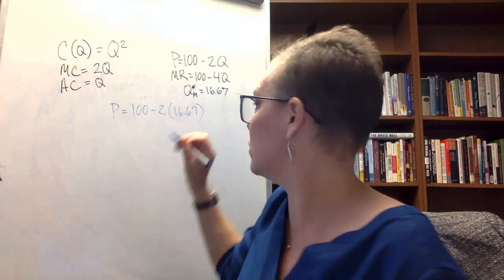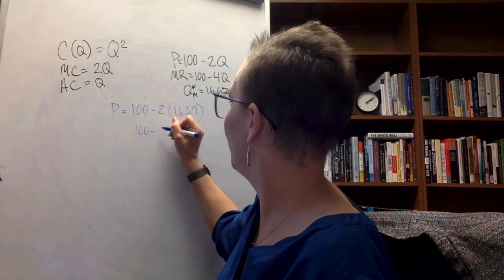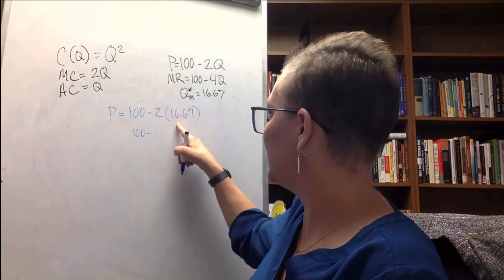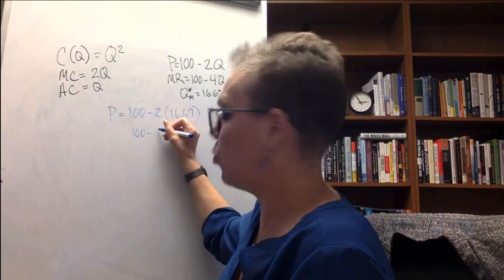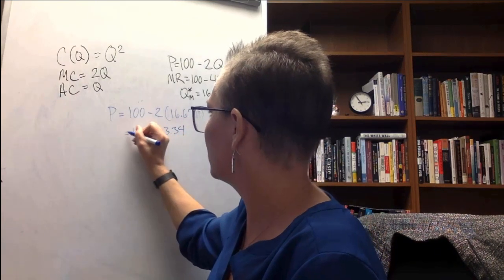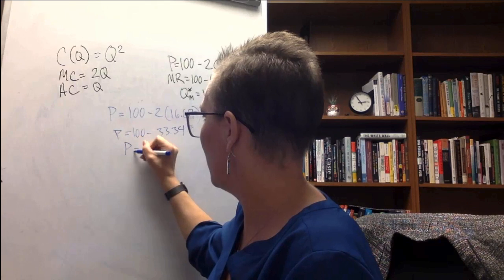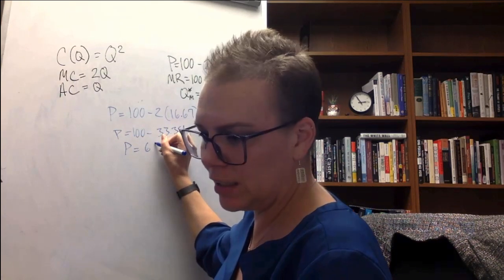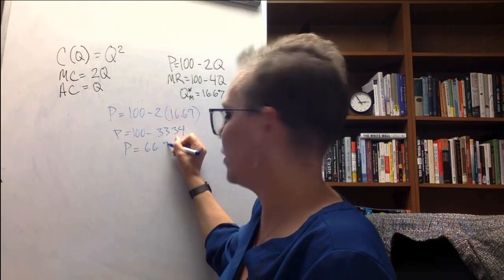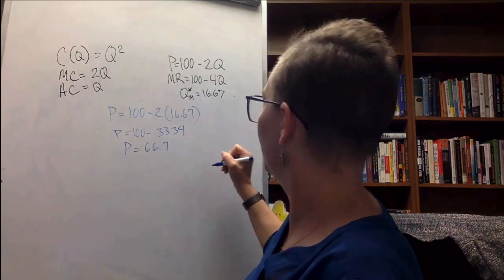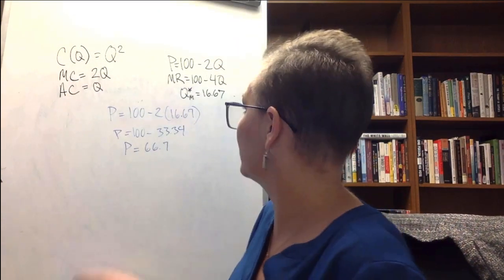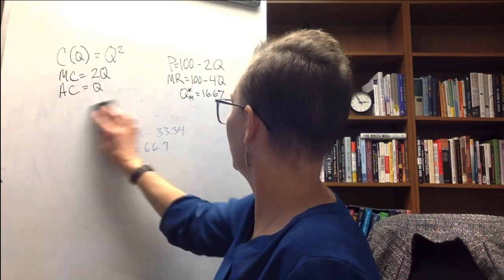And so now what we'll do is get 100 minus 2 times 16.67. 2 times 16.67 is 33.34, which gives us a price of 66.67, or let's call it 66.7 approximately. So that is our monopolist equilibrium price. Okay, so let's pop that up here.